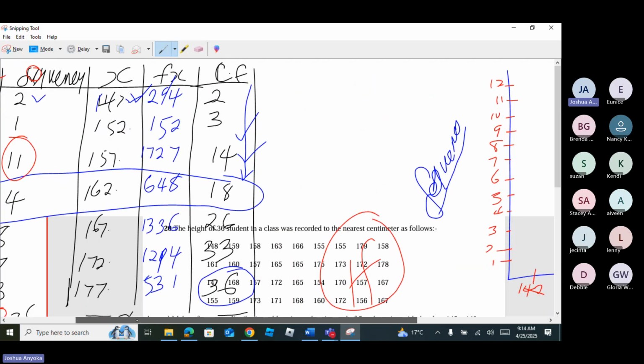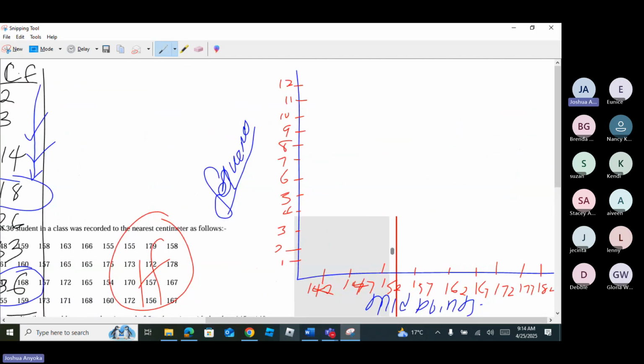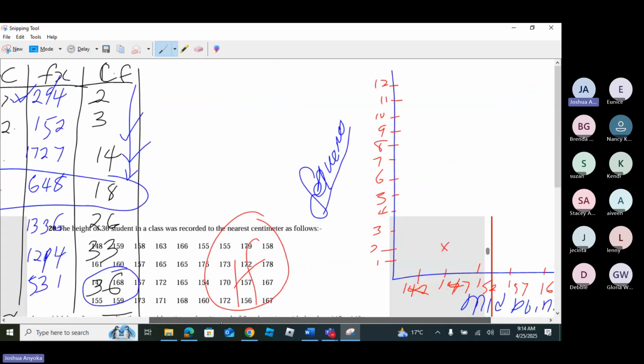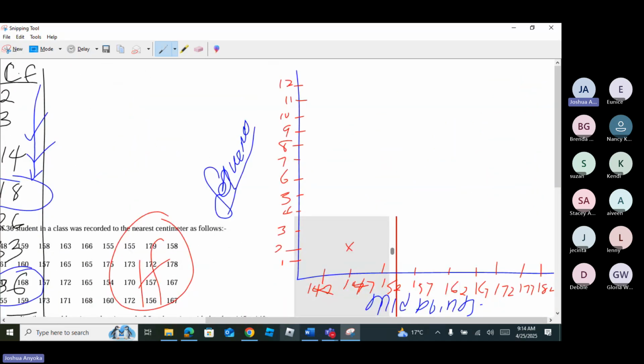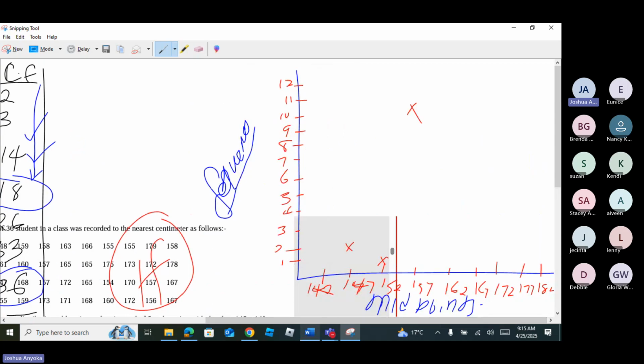The first one: the frequency is 2. So we need 147, 2. Then 152, 1, and then 157, 11. Then 162, 4, and 167, 8.